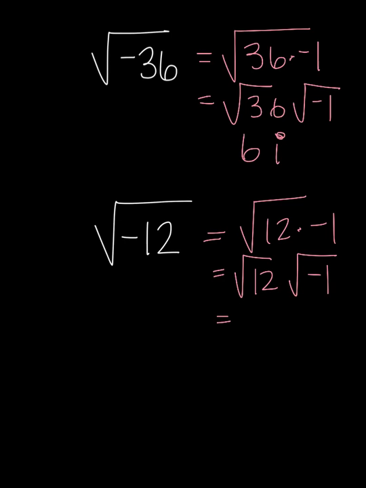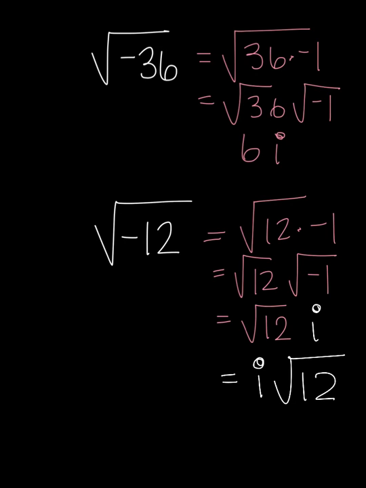We're going to leave any non-perfect square inside the square root and just replace that square root of negative 1 with our imaginary number, i. Now, just for the record, when you have a square root and an imaginary number, it's customary to put the imaginary number first and the square root second.